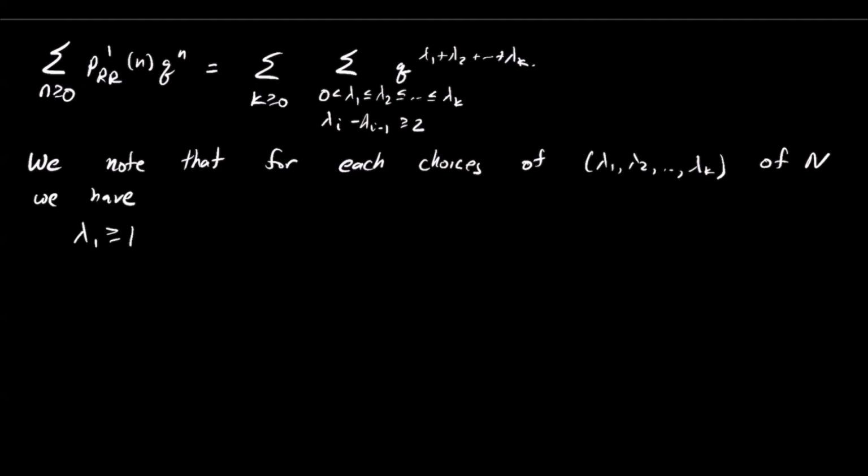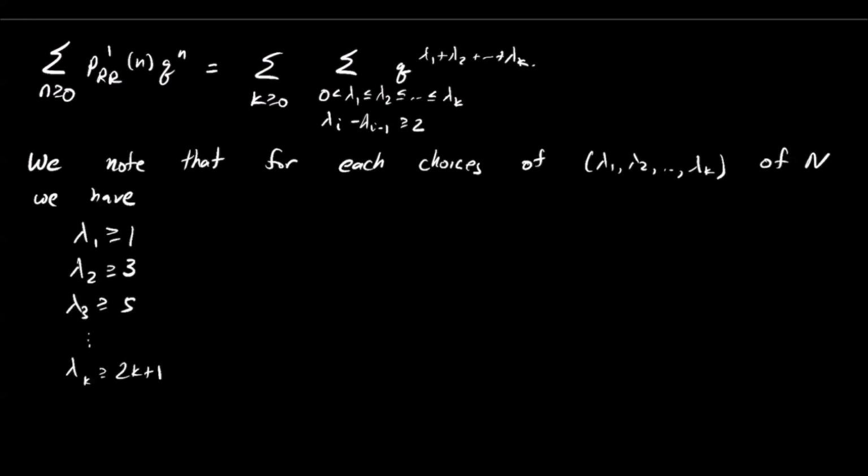Lambda 1 is bigger than 0. Lambda 2, since I have a difference 2 condition, has to be bigger than or equal to 3. Lambda 3 has to be bigger than or equal to 5, and we keep going until we notice that lambda k has to be bigger than or equal to 2k minus 1. Right, so this is just coming from the difference 2 condition.